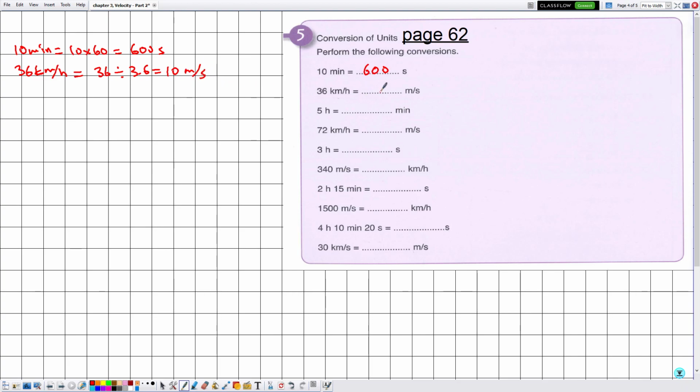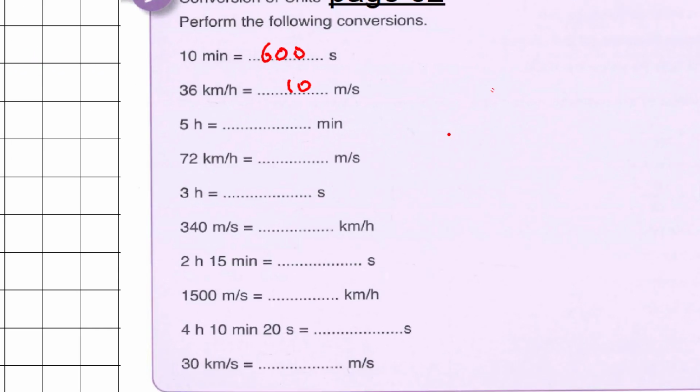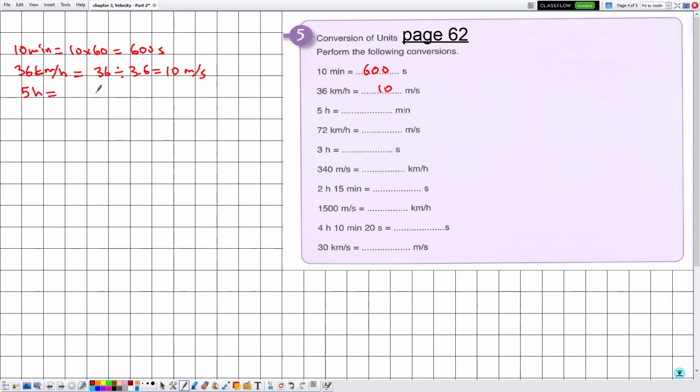Okay, so the missing value here is 10. Now, as for 5 hours, we need to convert hours into minutes, knowing that each hour contains 60 minutes. Then we simply multiply by 60. Then 5 multiplied by 60 is 300 minutes. Then the missing value here is 300.